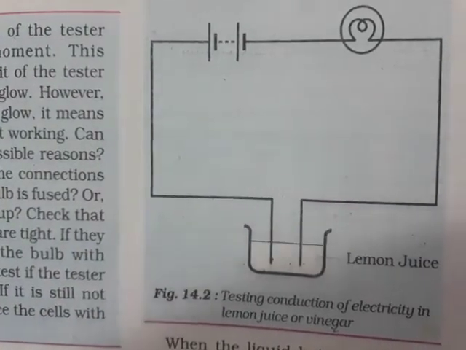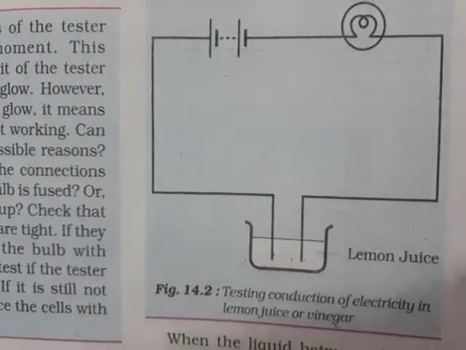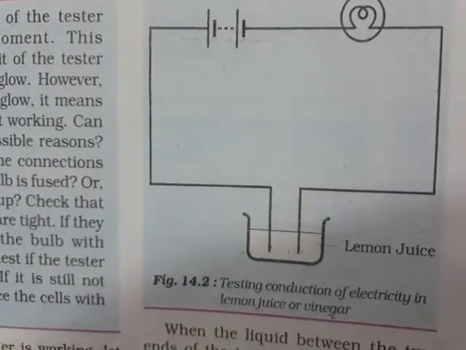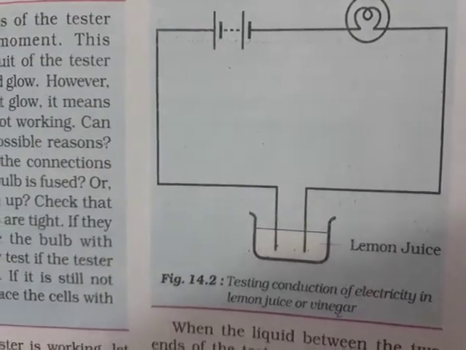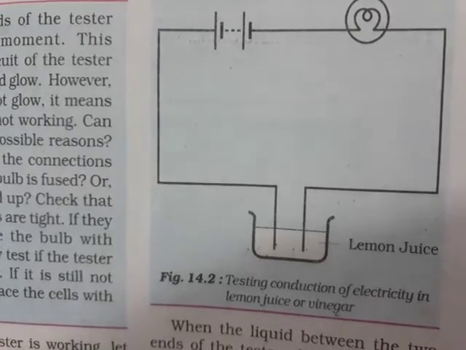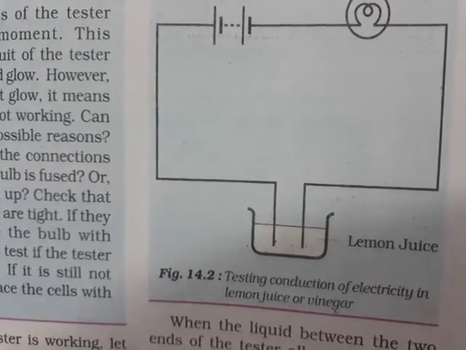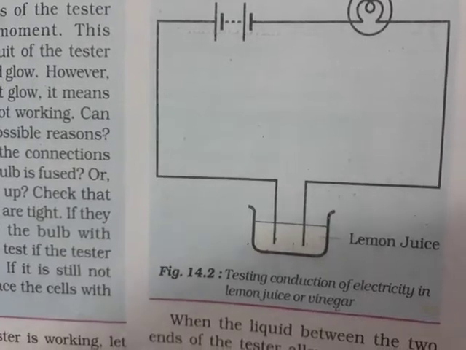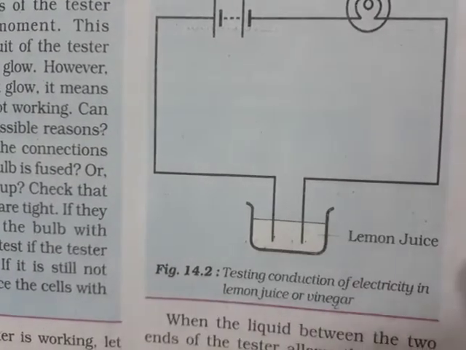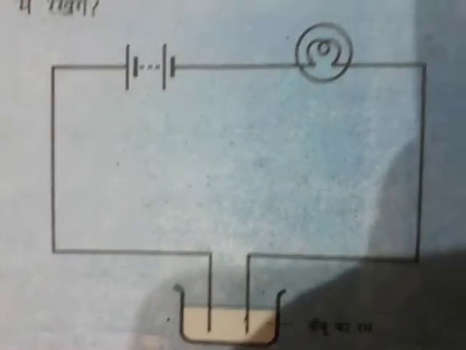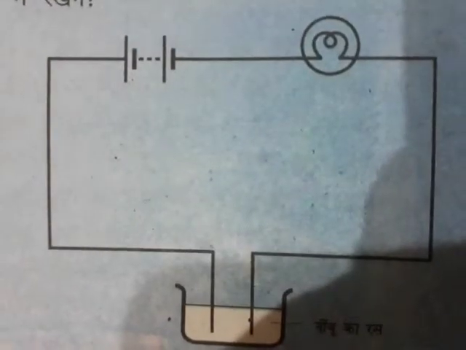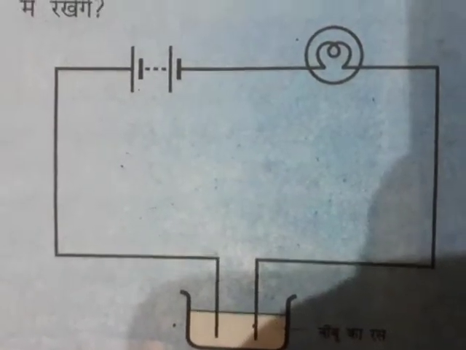Due to the heating effect of current, the filament of the bulb gets heated to a high temperature and it starts glowing. If the current through a circuit is too weak, the filament does not get heated sufficiently and it does not glow.